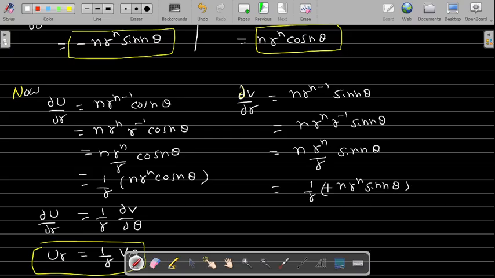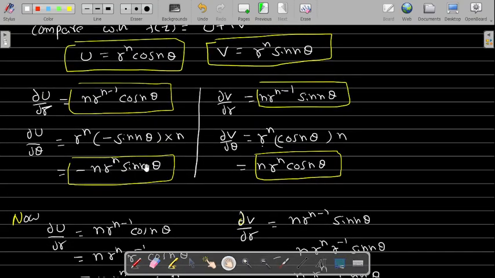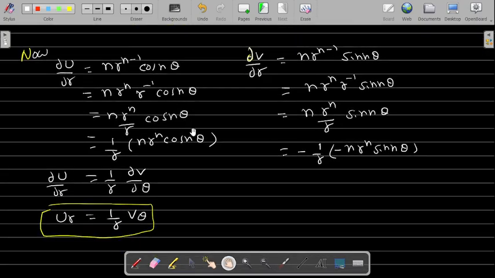Do one thing: multiply minus inside and outside, minus into minus is plus. So now here, minus n into r power n sin n theta. What is that value? Dou u by dou theta. So this is minus 1 by r as it is, times minus n into r power n sin n theta, which is dou u by dou theta. What is the left side?